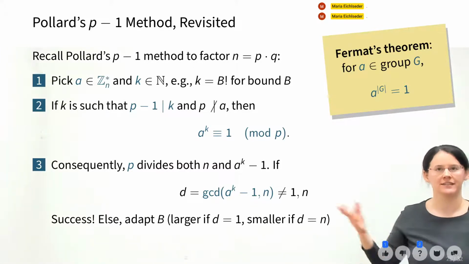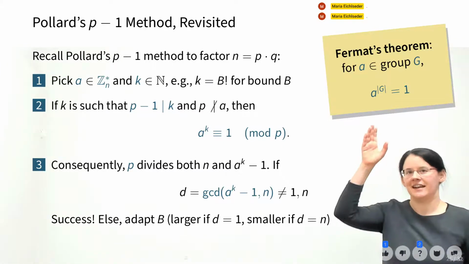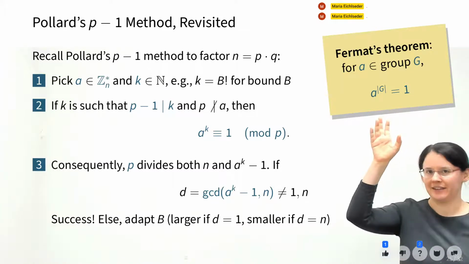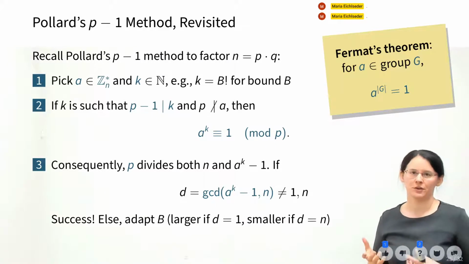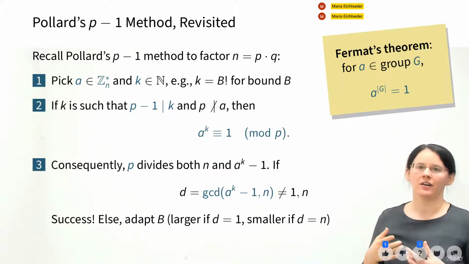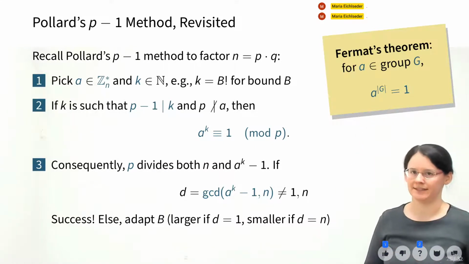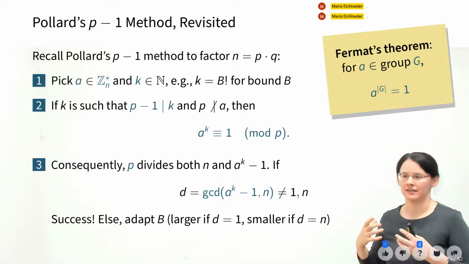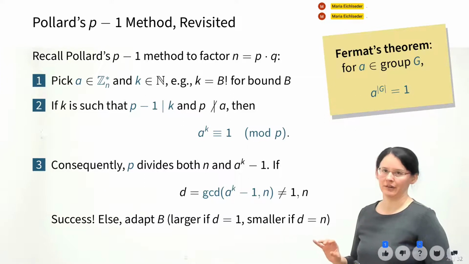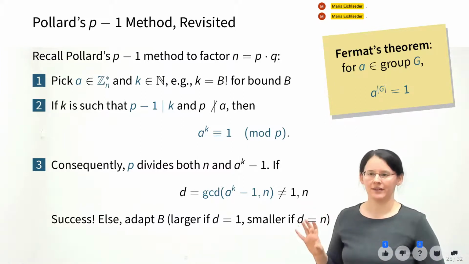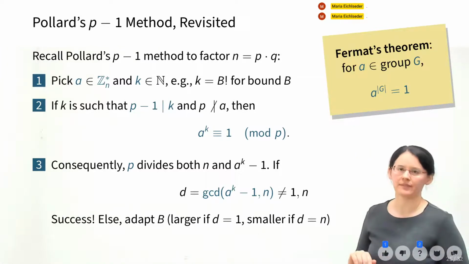And if a is a generator, then no smaller exponent does this. However, since n is actually not a prime and we're just pretending it is, we will notice some deviations from this behavior. This is because the actual underlying groups are, if I do the same computations, modulo p and modulo q instead. If I do computations modulo n, and look at the results modulo p and q in the background, then I would at a sooner point hit this neutral element, and I would be able to detect this.